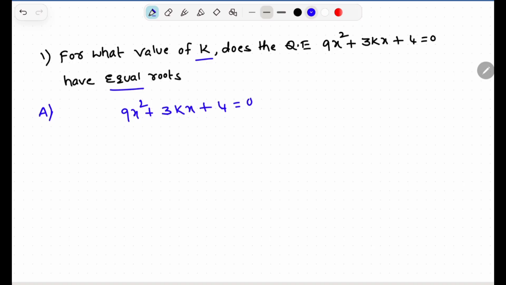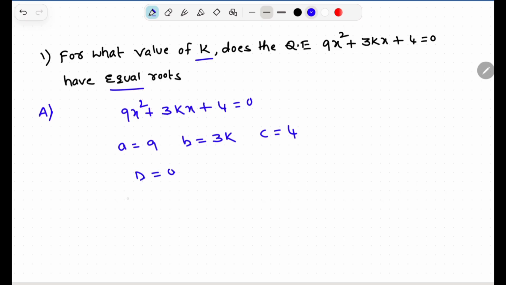Now it is in the form of ax square plus bx plus c, therefore a value is 9, b value is 3k and c value, the constant, is 4. Now roots are equal, therefore D will be equal to 0.